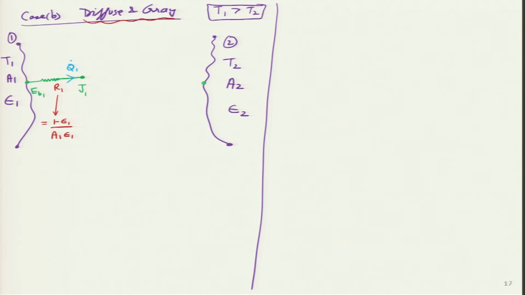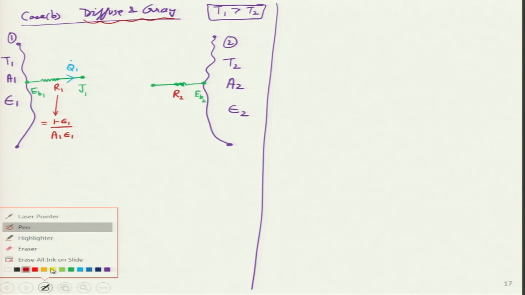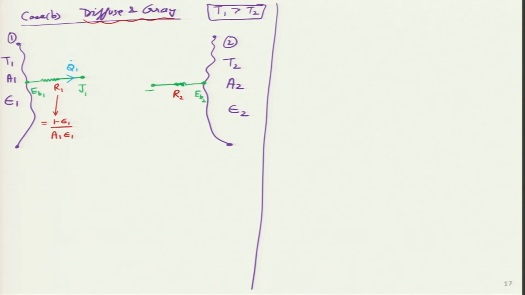So let me apply the same thing for surface 2. Surface 2 will have a node over here, whose voltage or whose flux I can write as EB2. Then there will be a surface resistance over here. This surface resistance for body 2 I will write as R2. Some current will flow through this, and it will reach the radiosity node J2.